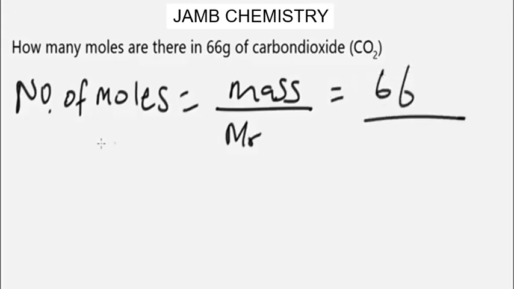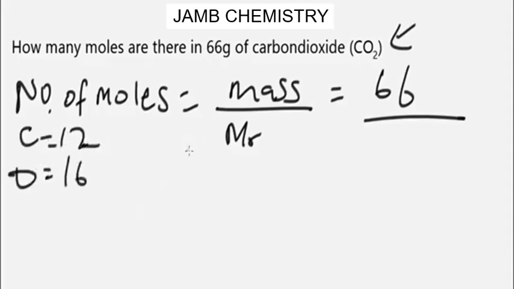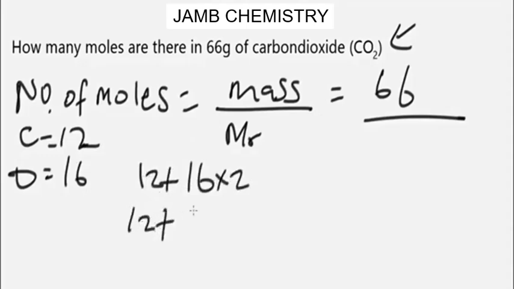Now, to calculate the relative formula mass, we add all the relative atomic masses of the atoms in this compound of carbon dioxide. So we have the relative atomic mass of carbon to be 12, and that of oxygen is 16. When you add them, it's going to give us 12 plus 16 times 2, because we have 2 atoms of oxygen here. So this will give us 12 plus 32, which gives us 44.